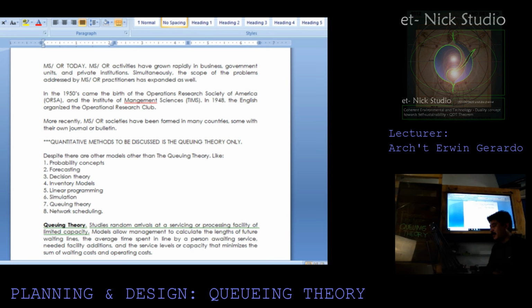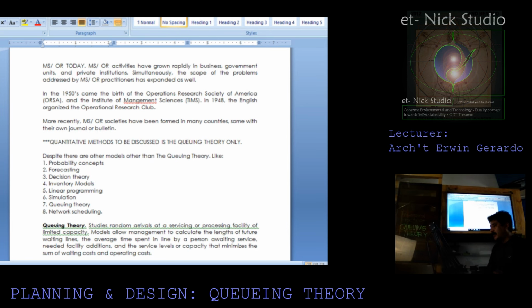In the 1950s came the birth of the Operations Research Society of America, abbreviated as ORSA, and the Institute of Management Science, also known as TIMS, in 1948. The English organized the Operational Research Club. More recently, MS or Operations Research societies have been formed in many countries, some with their own journal or bulletin.